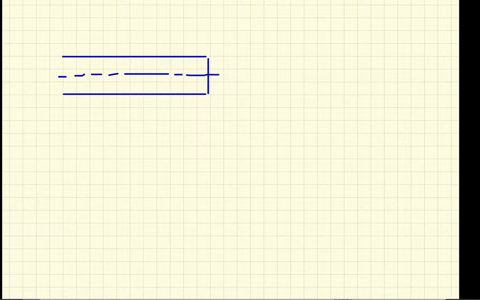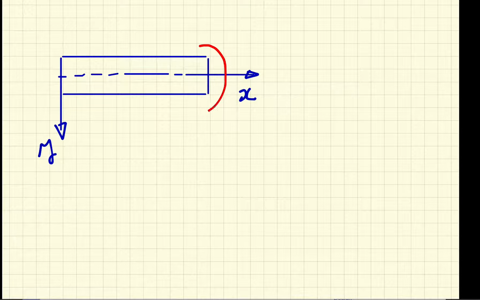In this direction, there's an axis that is y, and this axis here is x. We're looking at a moment that is applied on the beam, and the moment will cause equilibrium, so it has to be in this direction, and this moment is going to be called m sub z.